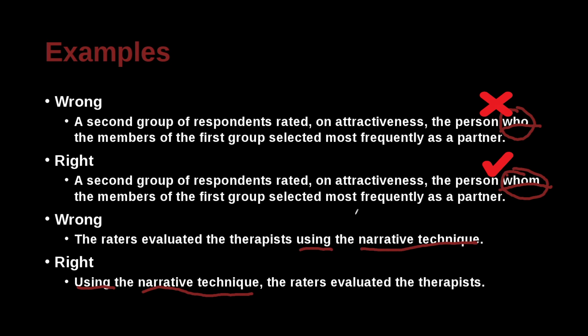So what we've done is, in the wrong sentence, this idea is in the back of the sentence, and in the right sentence, it's in the front of the sentence. That is the idea of making the sentence more active and making it not so passive by putting the action up front and making someone do something rather than the other way around.